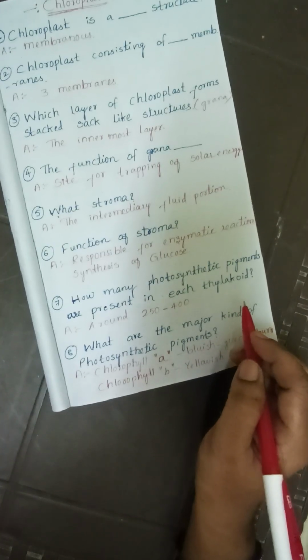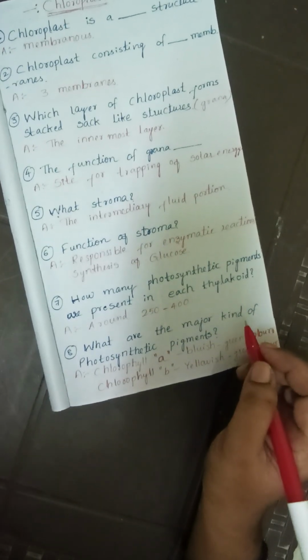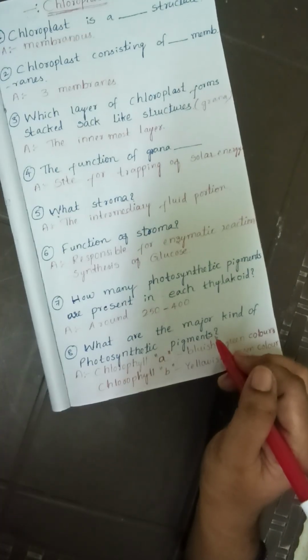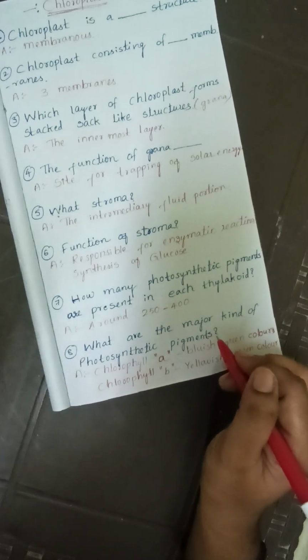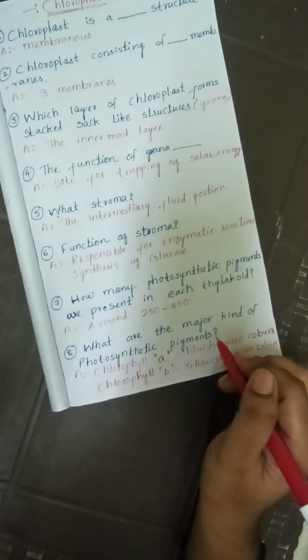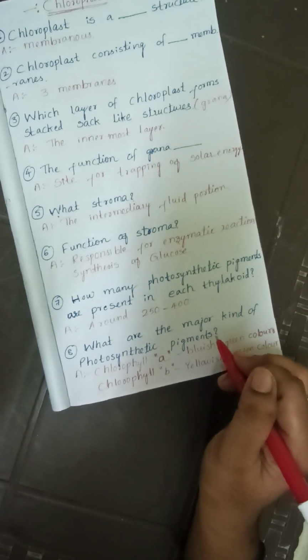Chlorophyll is the major pigment requirement, and not only chlorophyll, some other carotenoids and phycobilins are also present. That is why some plants appear in different colors also.